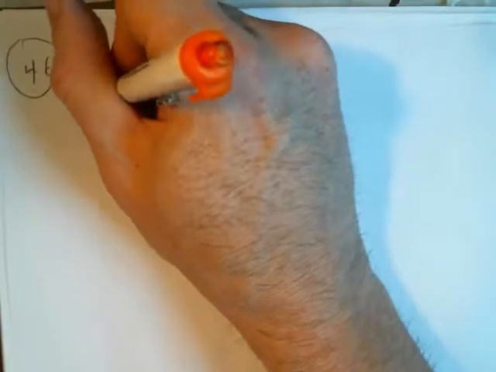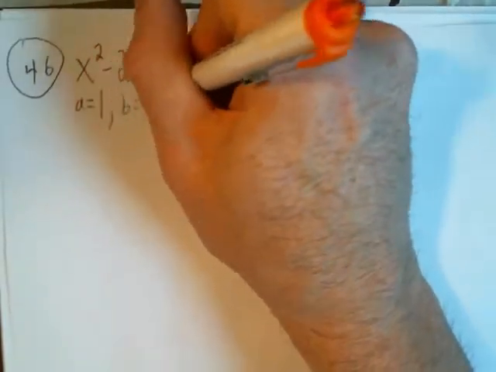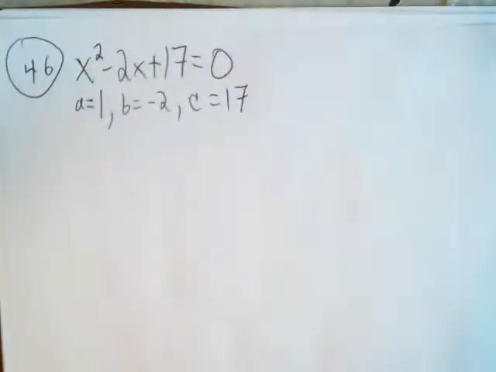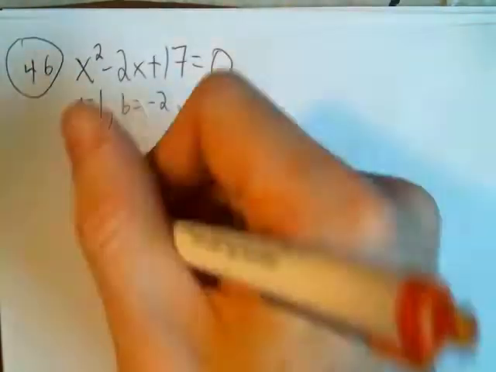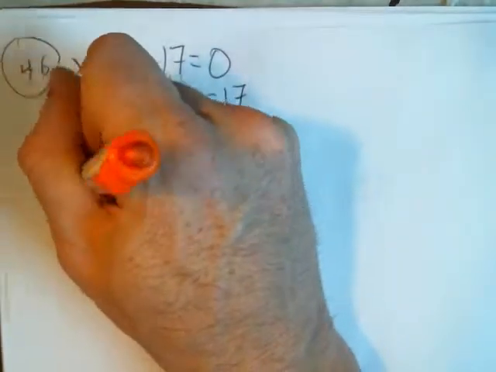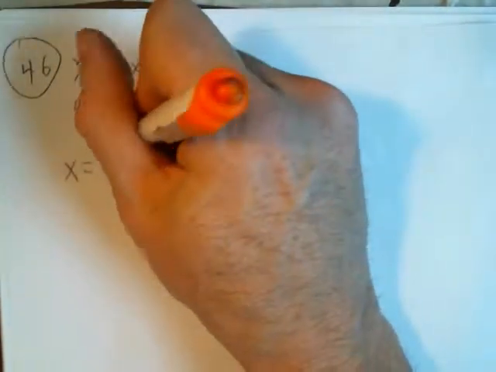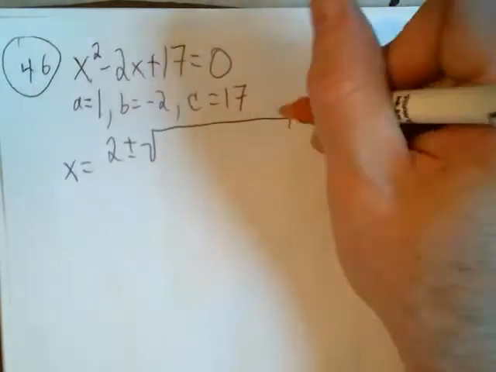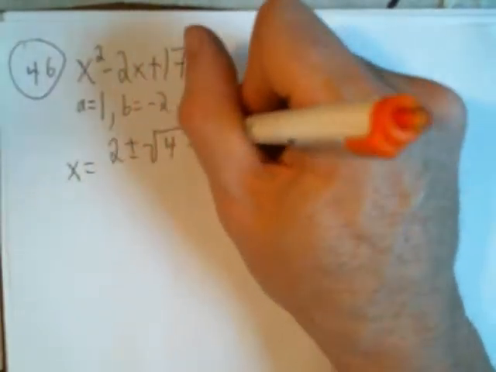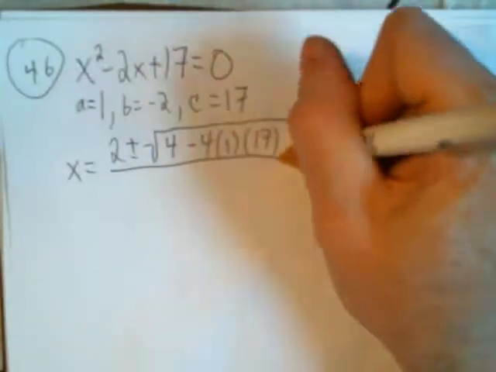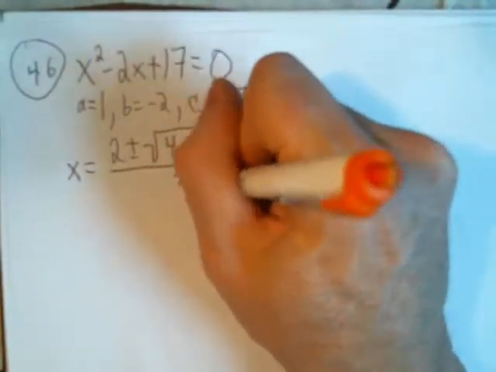If you need to identify a, b, and c for your formula, a is 1, b is negative 2, and c is 17. And then we're plopping it into our formula. So how did that go? x equals negative b. So negative 2 is 2, plus or minus square root of b squared is 4, minus 4 times a times c, all over 2 times a, which is just 2 times 1.